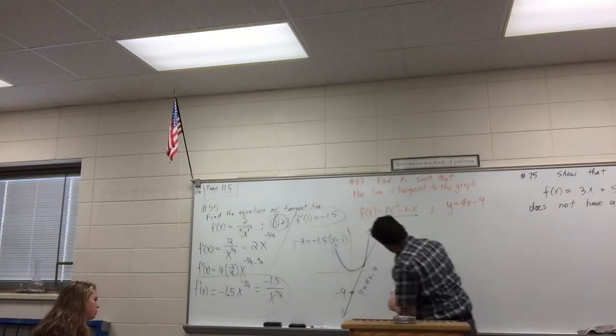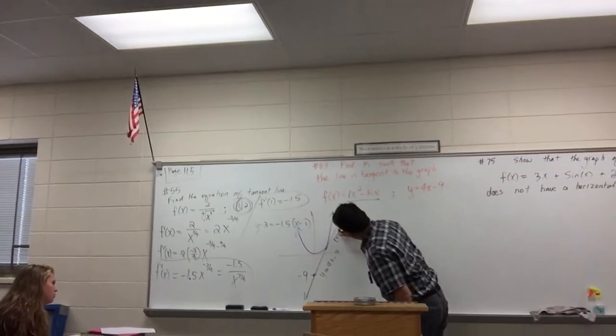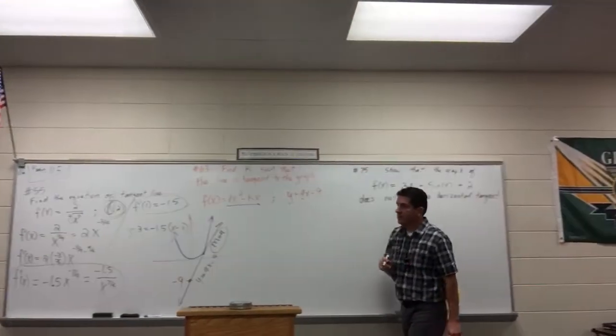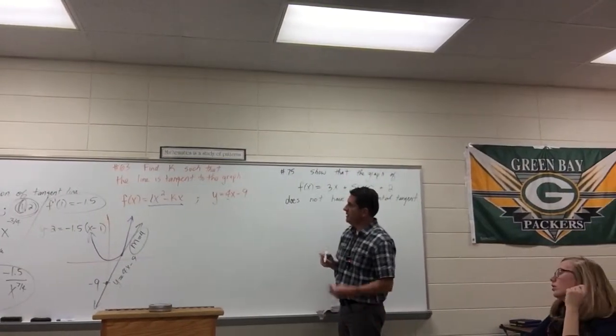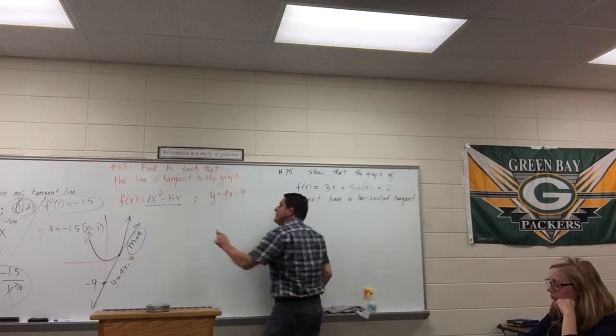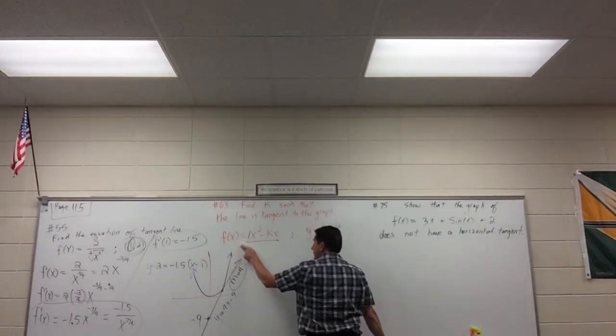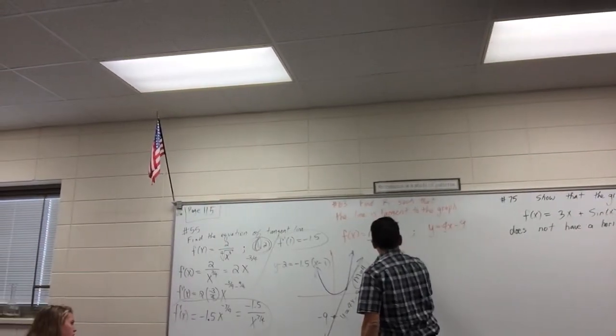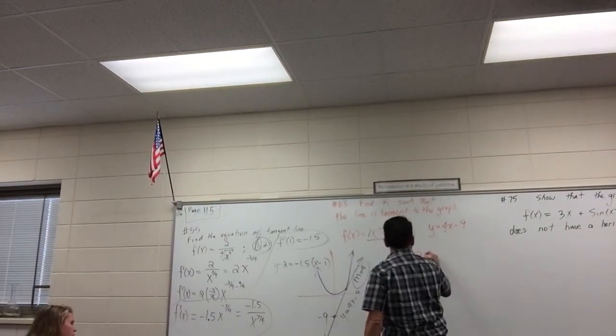So the thing that I want you to see is that the slope of this thing is 4. It's the derivative of this one. So that means if I find the derivative of this thing, I'll do it right away. F prime of x is equal to 2x minus k.